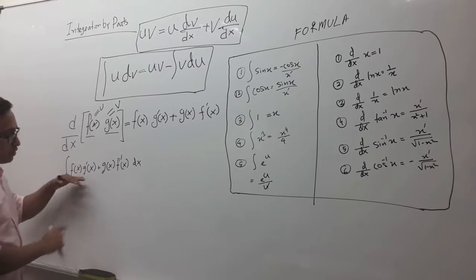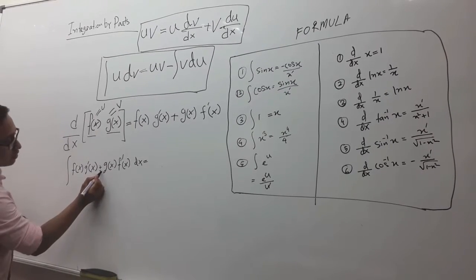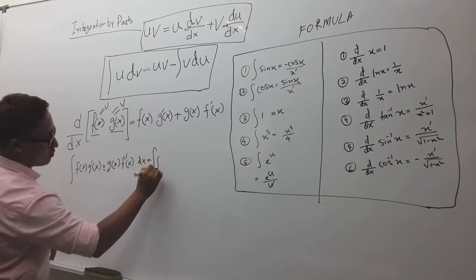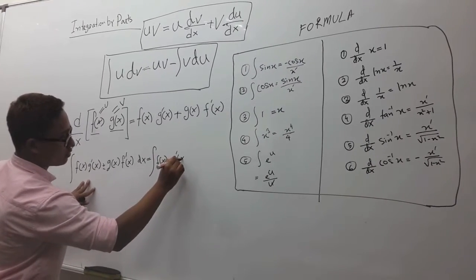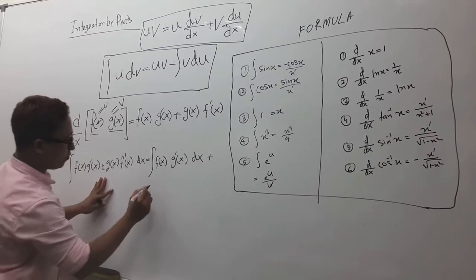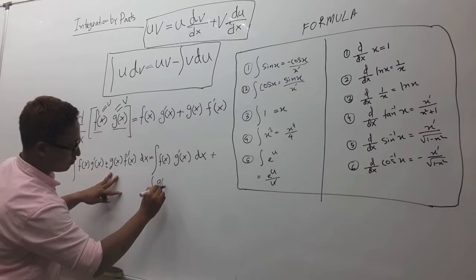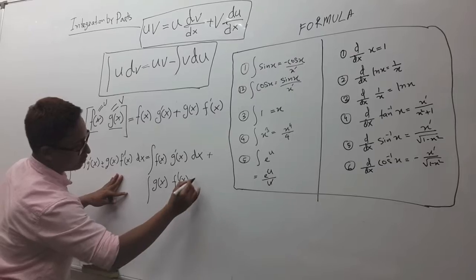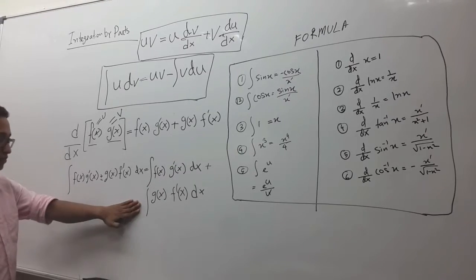Since there is a plus over here, we can divide it into two parts. f of x g prime x dx, plus, I'm going to write it here because of the space problem, g of x f prime x dx. Okay, this is the integration simply.